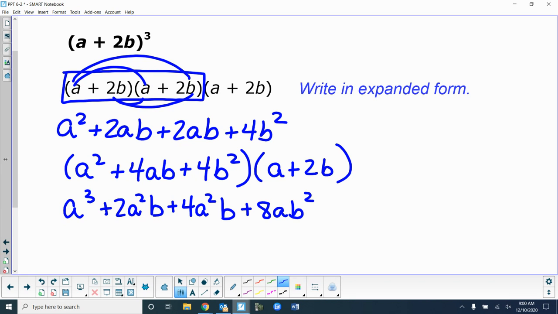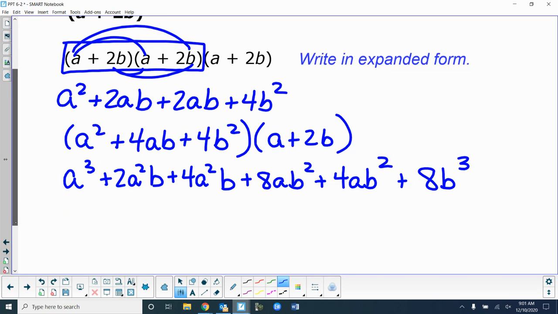And then 4b squared times a is 4ab squared. And then 4b squared times 2b is 8b cubed. Right, there's 3 of them now. And then I combine my like terms to finish up.